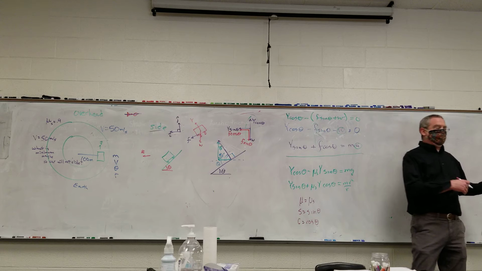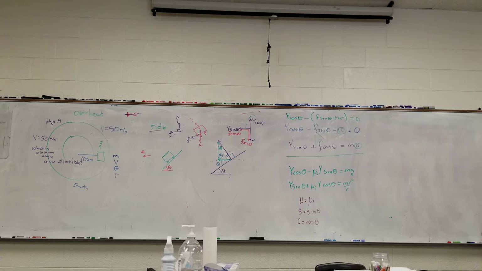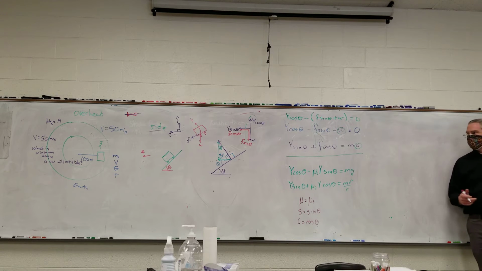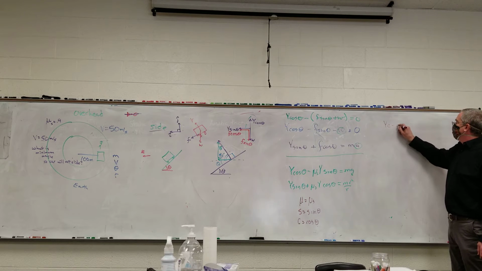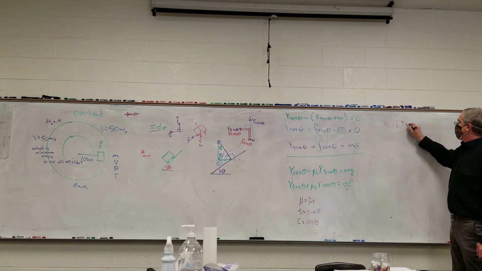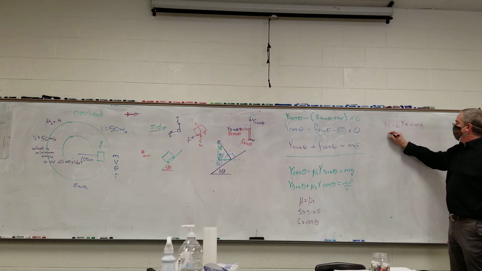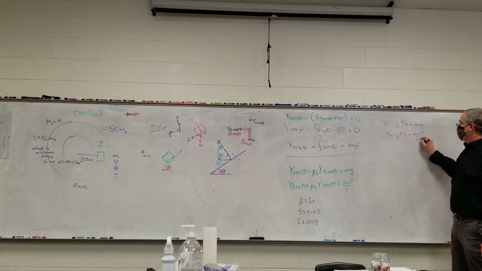I'll substitute back in at the end, but I'm just going to do this shorthand so I don't have to write as much. And so we now have y c minus mu y s equals mg, and y s minus mu y c equals m v squared over r.